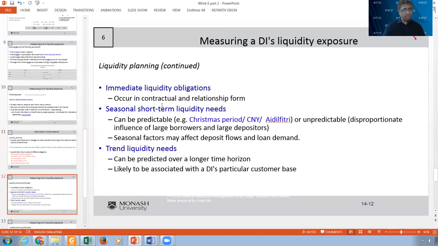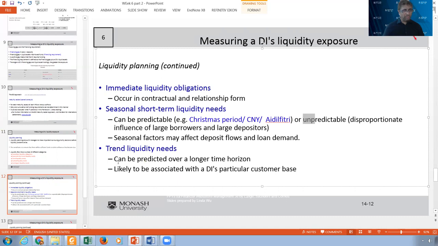This is a summary of what I just said here. When we say seasonal, as I told you, it can be predicted or sometimes cannot be predicted. Like when we talk about the influence of large borrowers and large depositors, you cannot actually predict their withdrawal behavior.